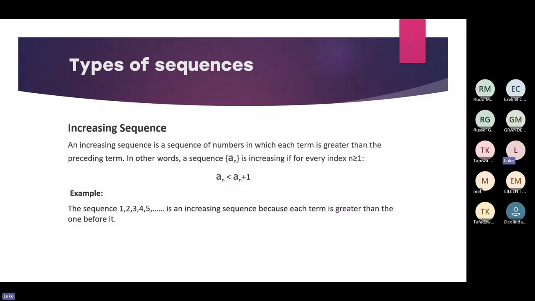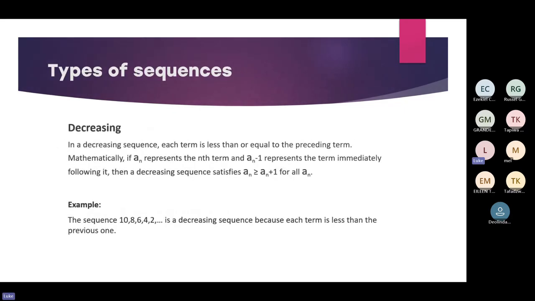So the notation for an increasing sequence is A subscript n is less than A subscript n plus 1, which means the number that follows the first element of the sequence will be greater. An example is the sequence 1, 2, 3, 4, 5, which is an increasing sequence because each term is greater than the one before it.